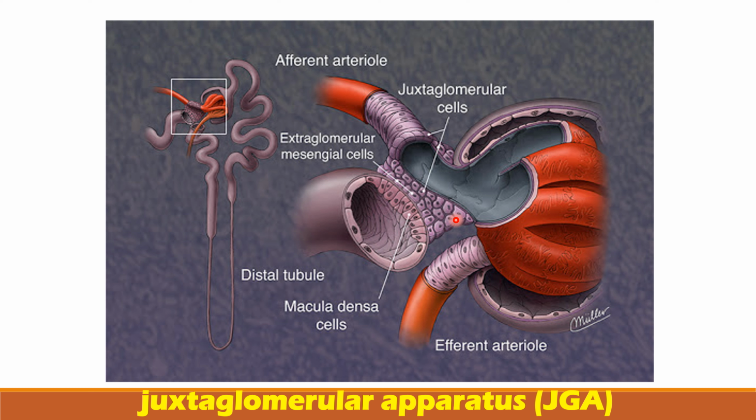As you remember, when we mentioned the renal tubules, I showed you how the distal convoluted tubules come in close contact with the glomeruli, and especially with the afferent and efferent arterioles. The epithelial cells lining the distal convoluted tubules in this area are modified epithelial cells known as macula densa.